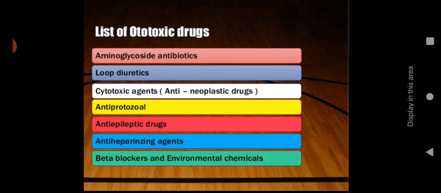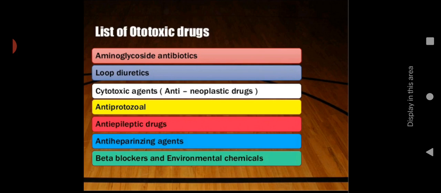Let us see the list of ototoxic drugs. What are the ototoxic drugs which can lead to ototoxicity? Aminoglycoside antibiotics, loop diuretics, then cytotoxic agents, for example anti-neoplastic drugs used for cancer treatment, anti-protozoal drugs for protozoal diseases like malaria, anti-epileptic drugs, anticoagulant agents to prevent clotting, beta blockers and environmental chemicals.